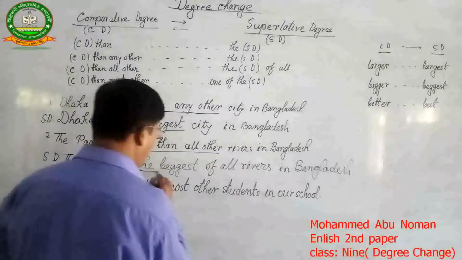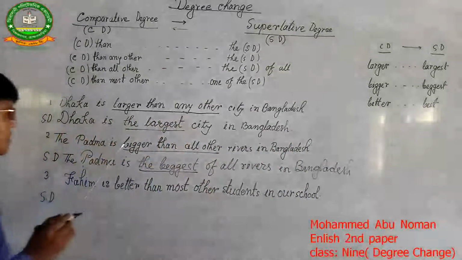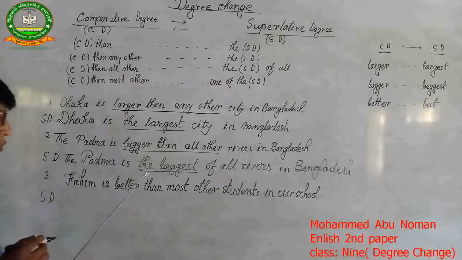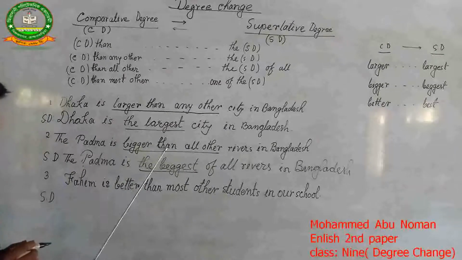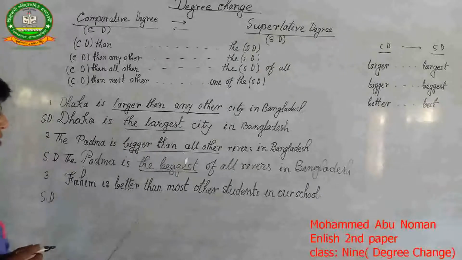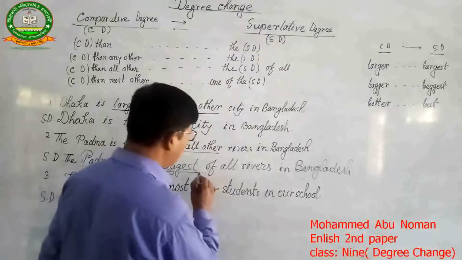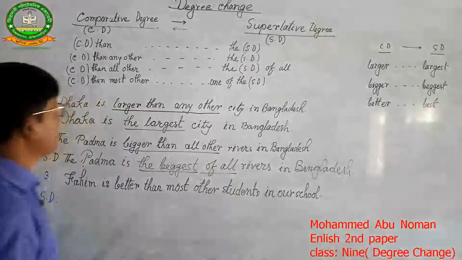Here, look at the board. This is "bigger than"; the superlative form is "the biggest". "All other" we have written here as "of all". This is the superlative form.